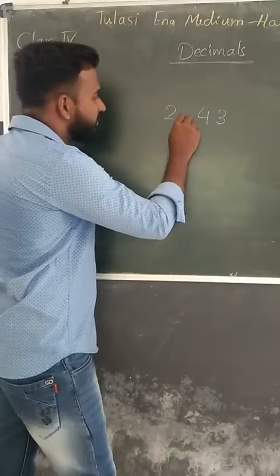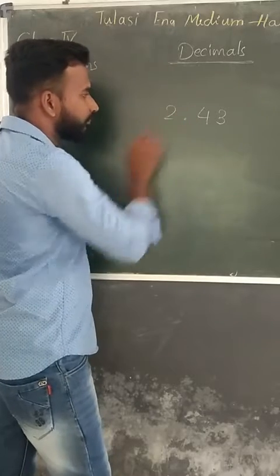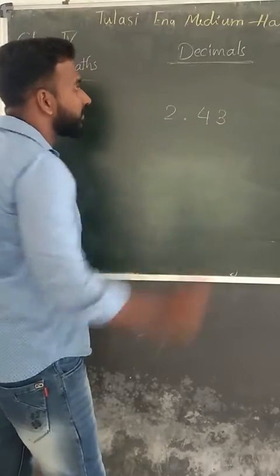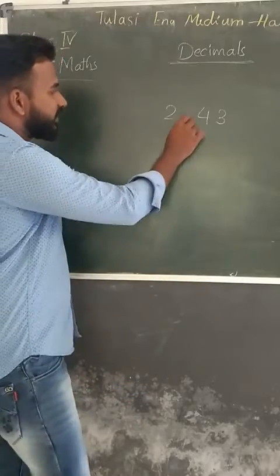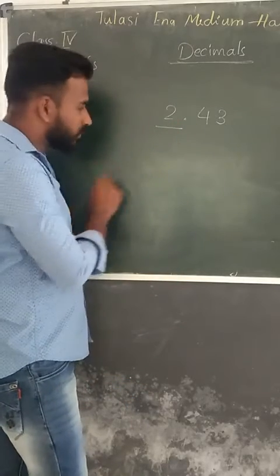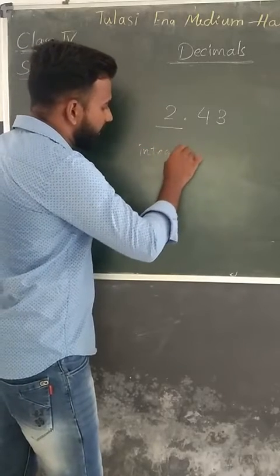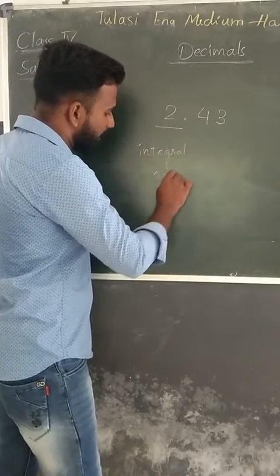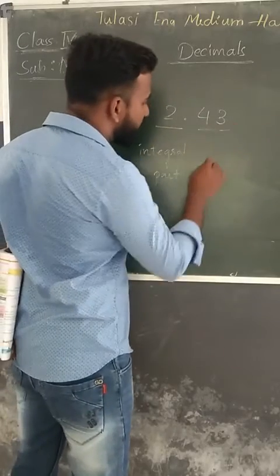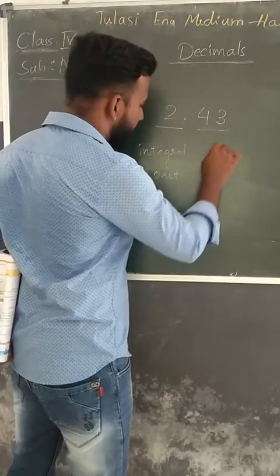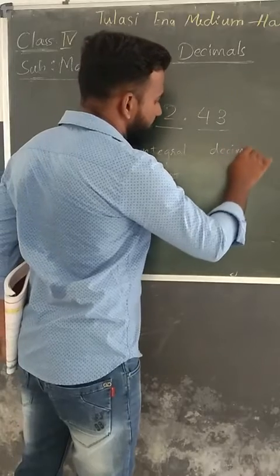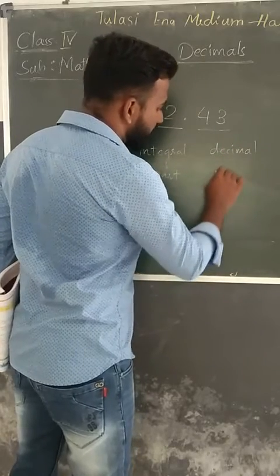So this is called the decimal point. In 2.43, the 2 is called the integral part and 43 is the decimal part.